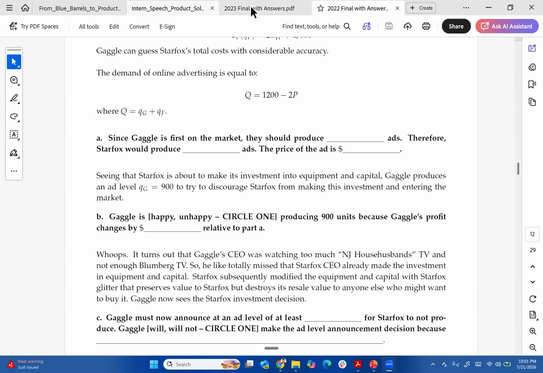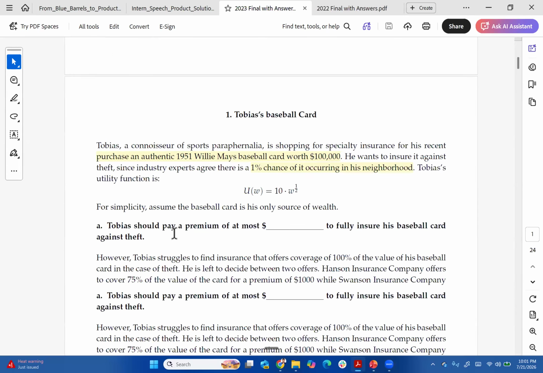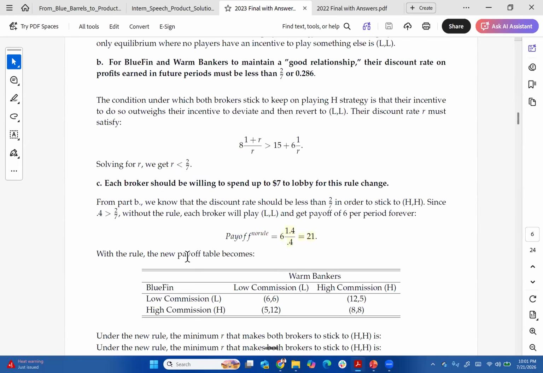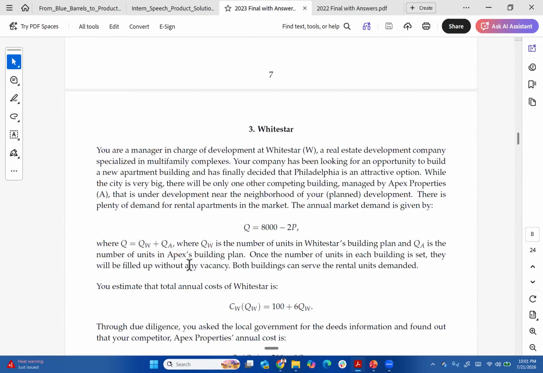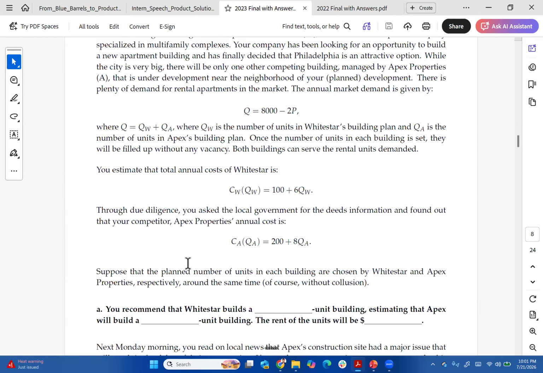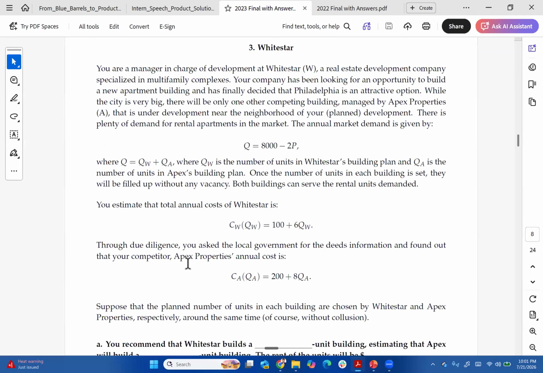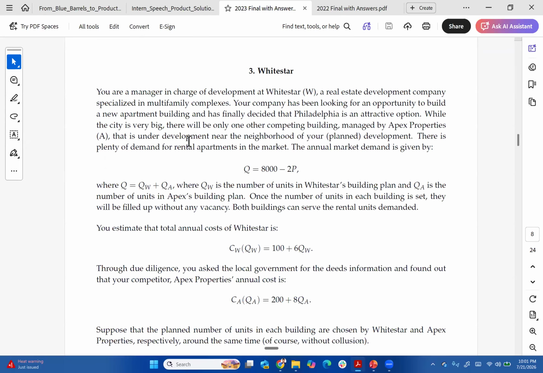So that's one. So pick 2023. I'm sure there are problems here also. My point is, if you scan through it, you will pretty quickly find out which problems make sense. Like this one, White Star. You're a manager of White Star, a real estate development company. Your company has been looking for an opportunity to build a new apartment.